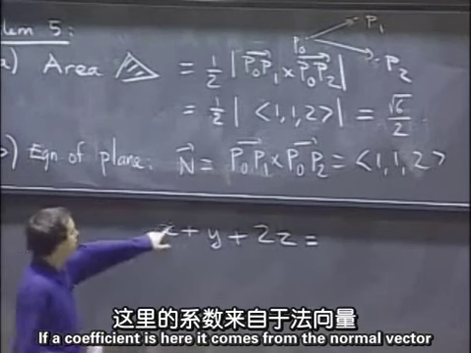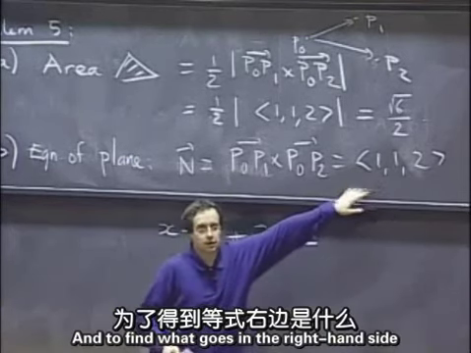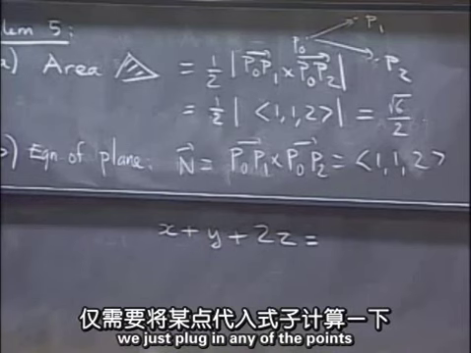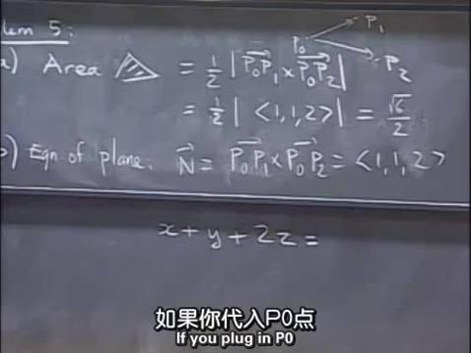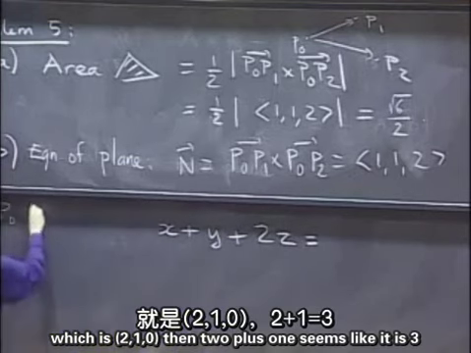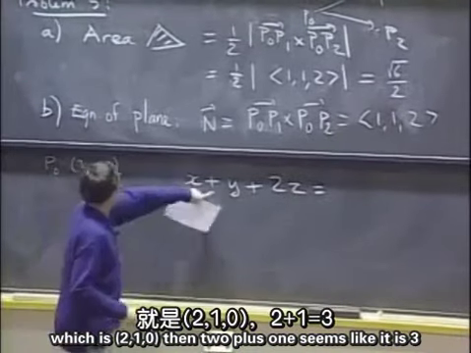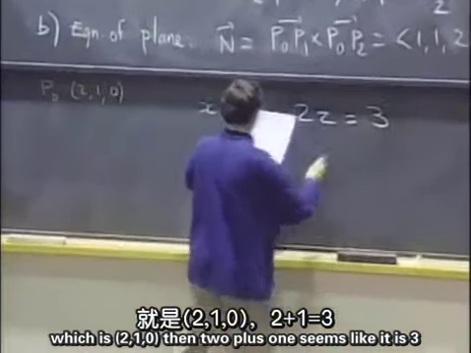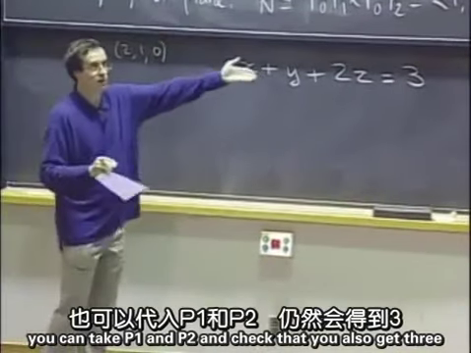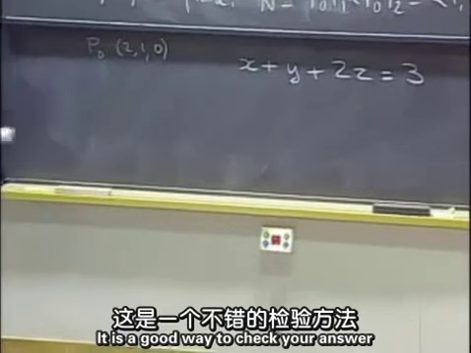Just the coefficients here come from the normal vector. And to find what goes on the right-hand side, we just plug in any of the points. So if we plug in P0, which is 2, 1, 0, then 2 plus 1 is 3. And if you want to double check your answer, you can take P1 and P2 and check that you also get 3. It's a good way to check your answer.